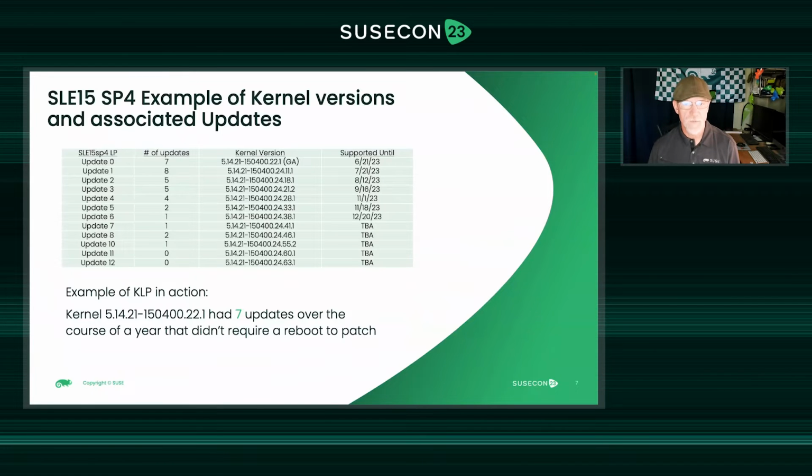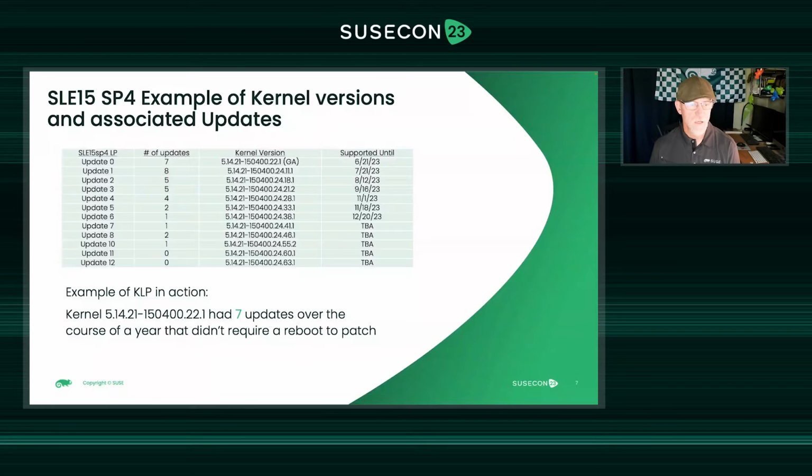So that would have meant that there were 7 opportunities of vulnerabilities of Sev 7 or greater that would have required us to reboot the kernel without having kernel live patching. And these are severe vulnerabilities that have been discovered. And this allows us to continue the updates without having to reboot that kernel.